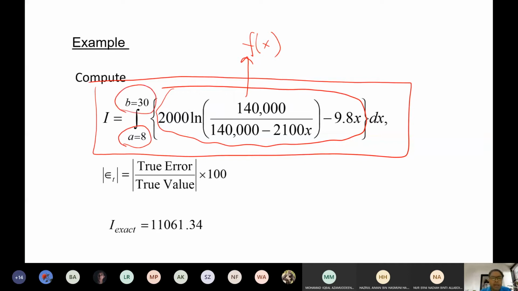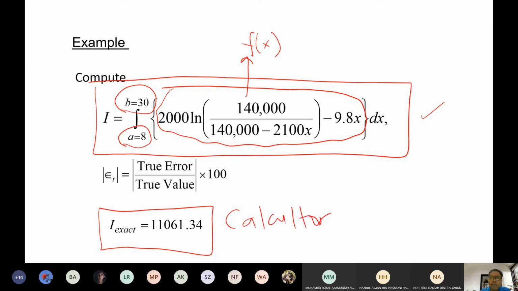In order to compare the exact solution of this, I have already done the calculation using your calculator only. Your scientific calculator can perform integration.